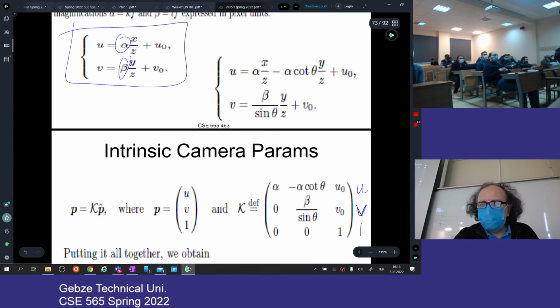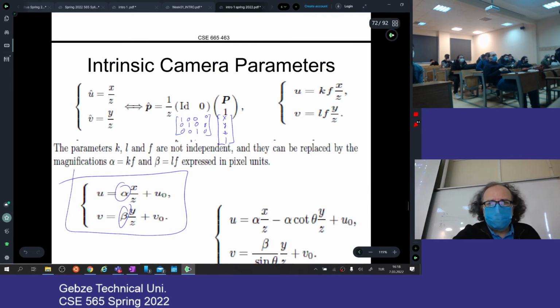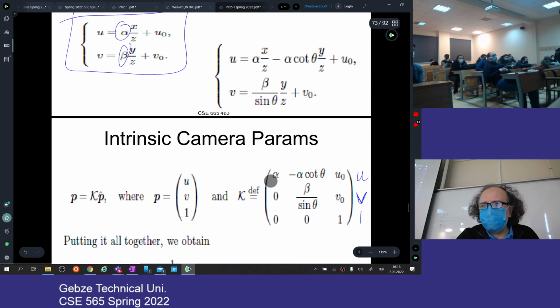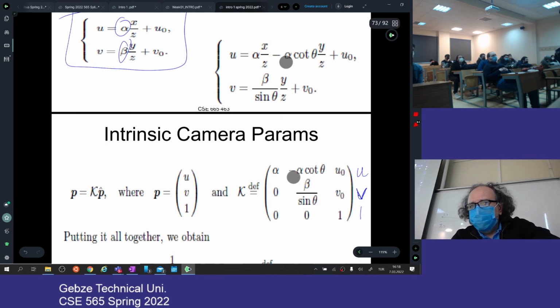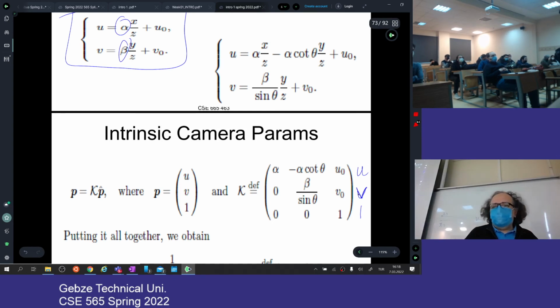Alpha times u, okay, that's one thing, and minus alpha cotangent times v plus u0. u0 came from here. But what is u? u is x over z. So alpha times x over z, which is this one, minus alpha times cotangent y over z plus u0. So it is the same thing.